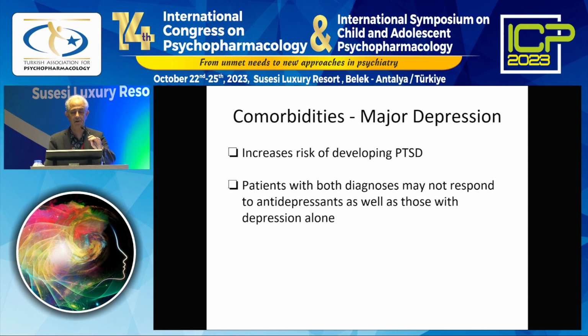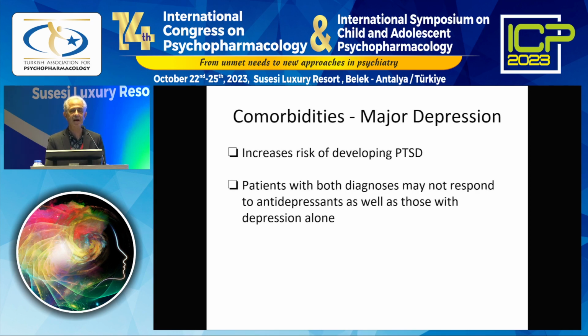Next comorbidity to mention is major depression. It increases the risk of developing PTSD. And if you have major depression and PTSD, antidepressants work even less well than they work in people who don't have depression, which is the opposite of what you'd think, right? You think, gee, they've got major depression, that responds to SSRIs. They've got PTSD. We have 2 antidepressants with FDA approval, 2 SSRIs.